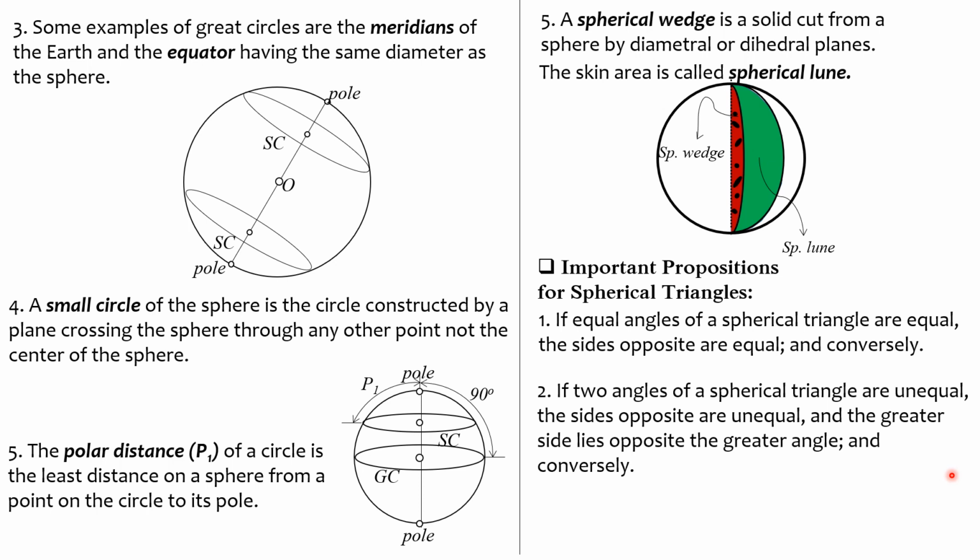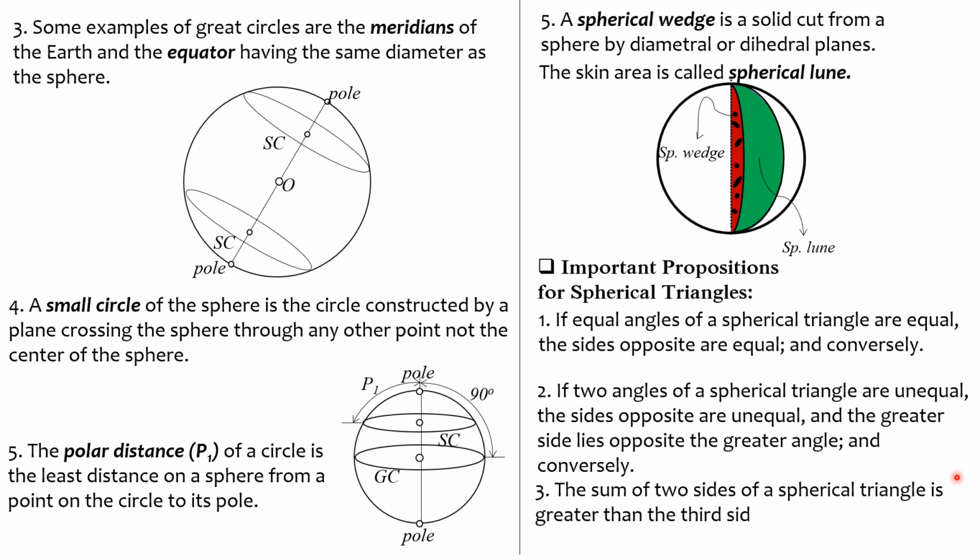Then third, the sum of two sides of a spherical triangle is greater than the third side, which is the same as in plane triangles. In fact, I make it specific that the sum of the shorter sides of a triangle must be greater than the longest side.